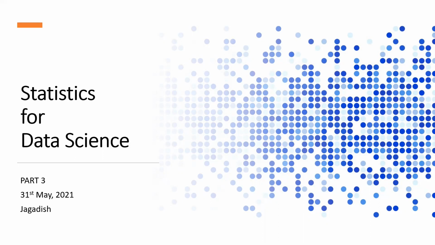We have seen mean, median, mode. We have also understood where to use which one, and we saw that median is a more robust measure of center than mean when there are outliers involved in your data. So these are the broad summary points that we looked at in the previous session.